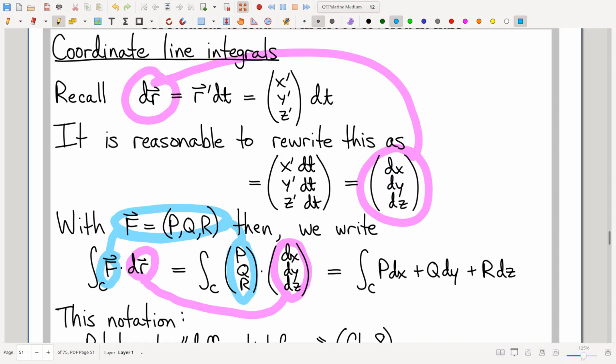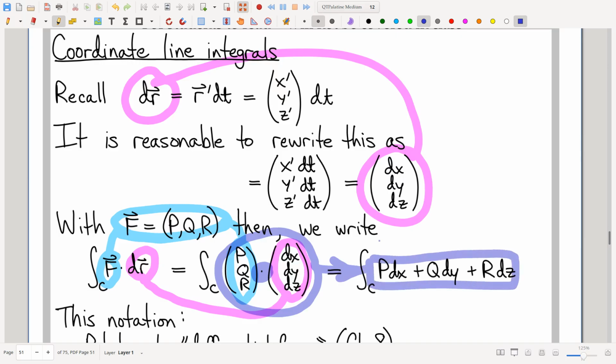That dot product, I can see what the coordinates are of the things that I'm dotting, and therefore I know how to actually execute that dot product. I can write it out in coordinates like that. Which is weird looking, but again, it's just notation. I'm just kind of writing down what the notation suggests that I should.